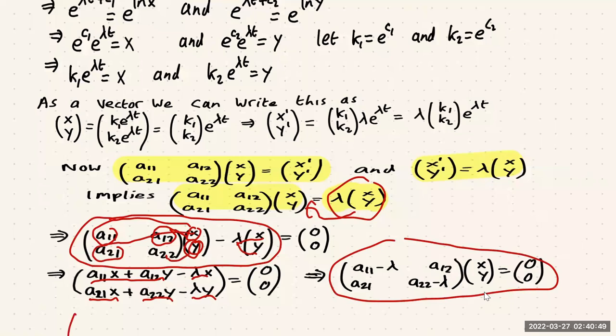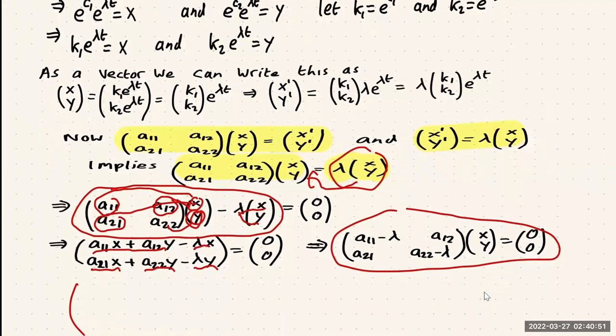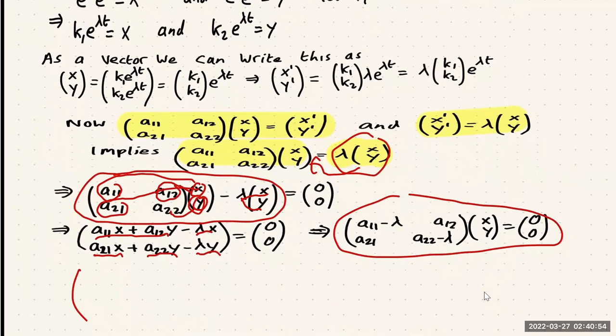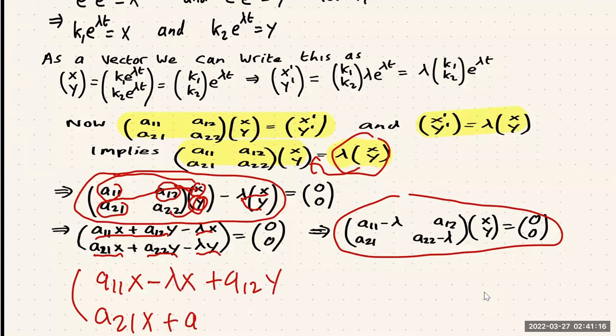Putting all the x's together, this first line we can write as a11 x minus lambda x plus a12 y. The second line we can write as a21 x plus a22 y minus lambda y, equals 0, 0.